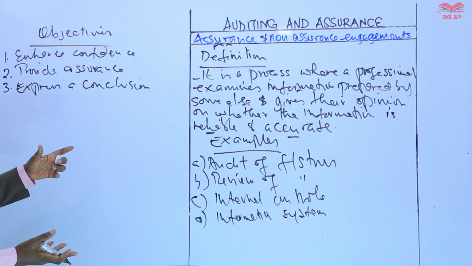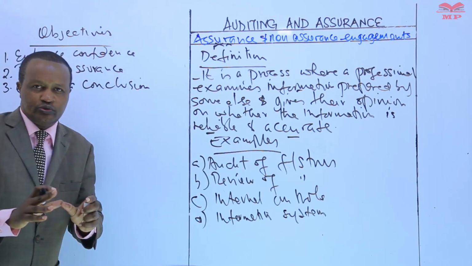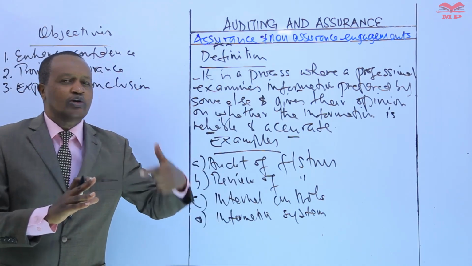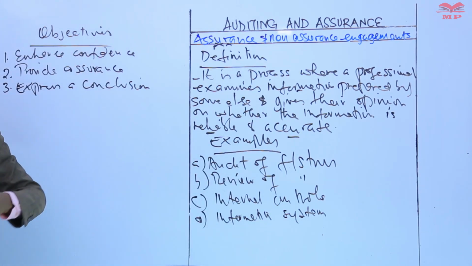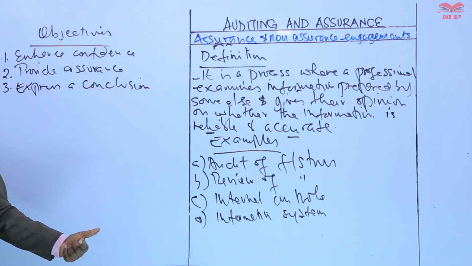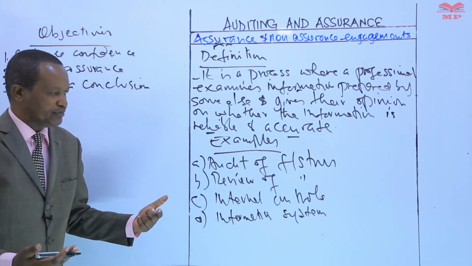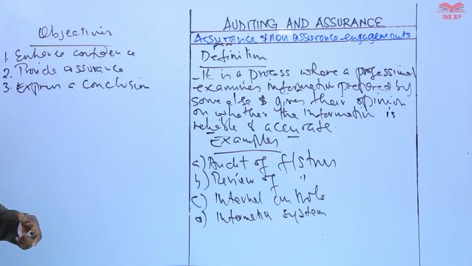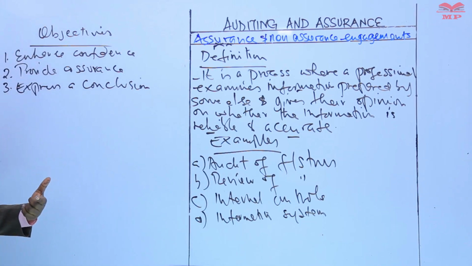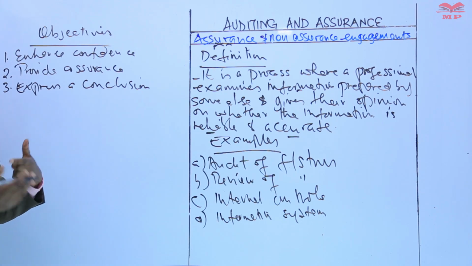So one objective is to express a conclusion on whether the subject matter conforms in all material respects with the identified suitable criteria. And later on, we'll be studying more about the criteria, subject matter criteria, and all that, which are the elements of an assurance engagement. So this conclusion is typically expressed in a written report.